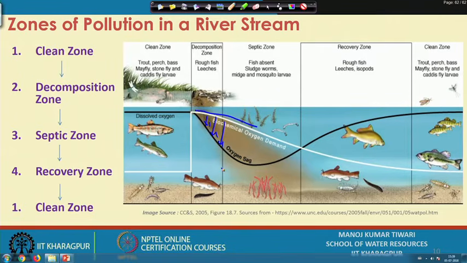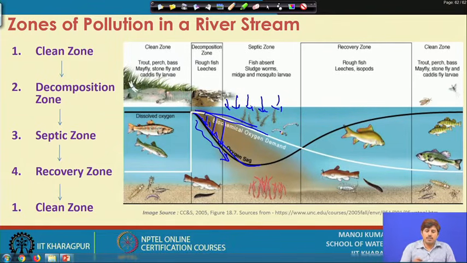Oxygen is also coming from the atmosphere, so oxygen transfer is still taking place at its standard rate. But the net rate of oxygen depletion here is much higher than the rate of oxygen coming into the system, or rate of re-aeration, and that is why the net oxygen level starts falling, and so does the BOD, because the organic matter is getting decomposed.